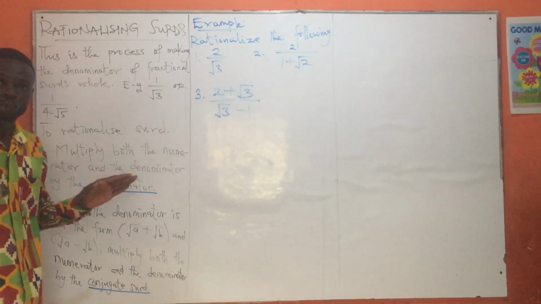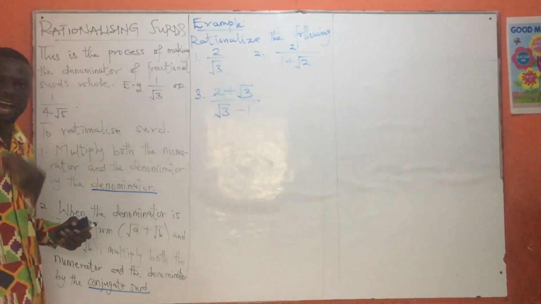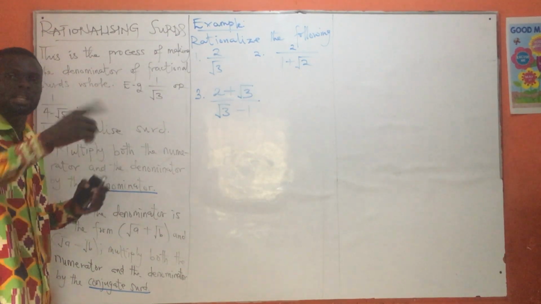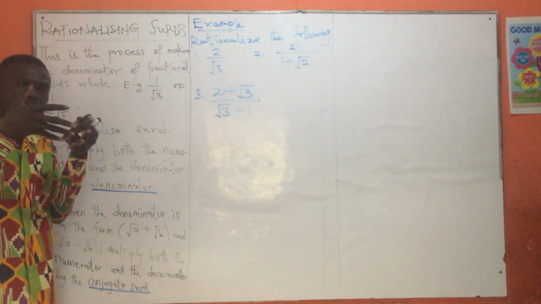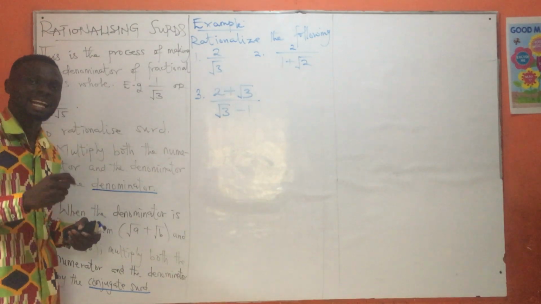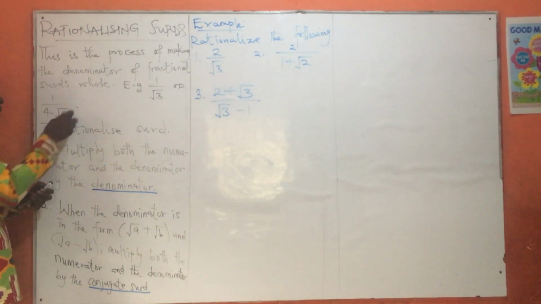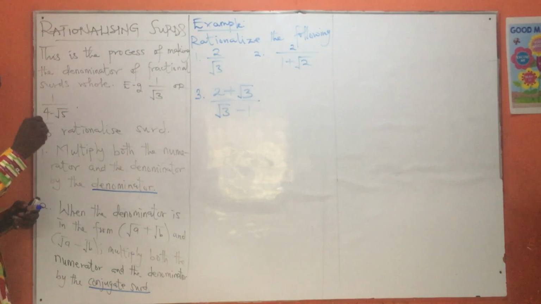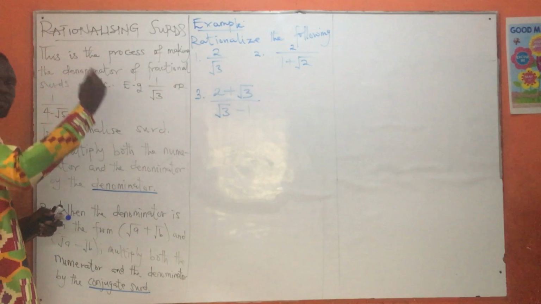Now it has been underlined, and the question is, what is a conjugate surd? Simply put, a conjugate surd is the opposite of the denominator based on the sign. We are basing on the sign. That is the conjugate surd. So if you take this example, for instance, what is the denominator? The denominator is 4 minus root 5.